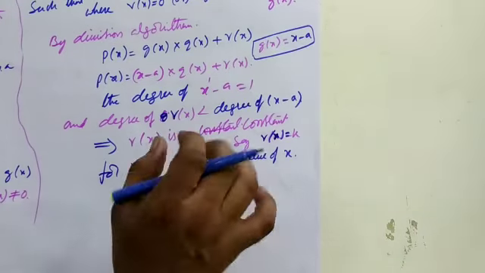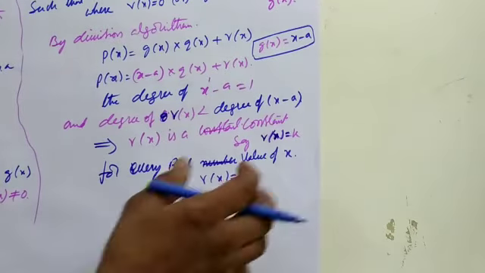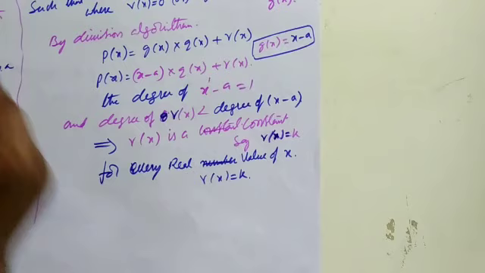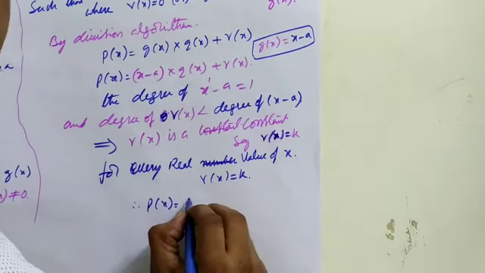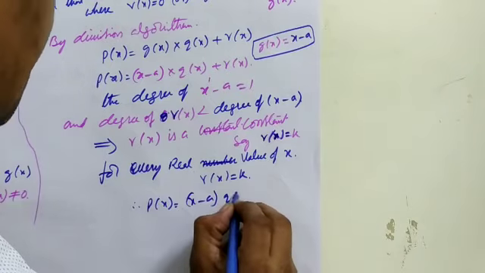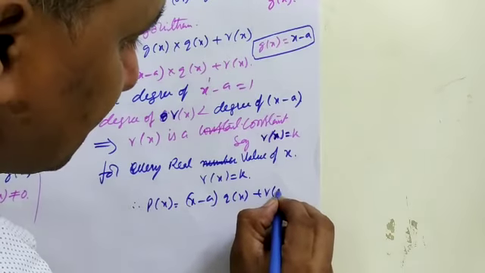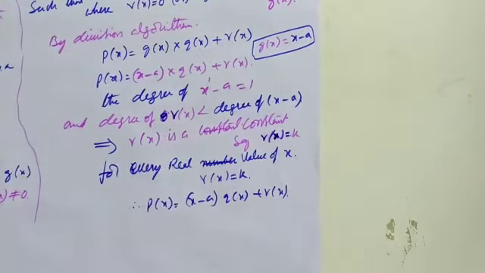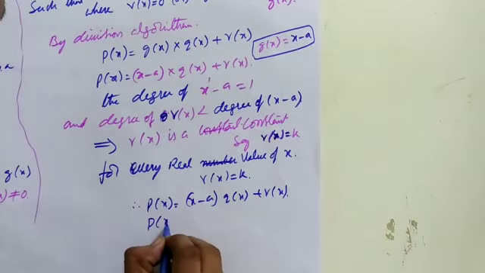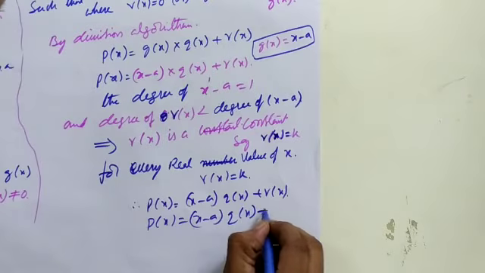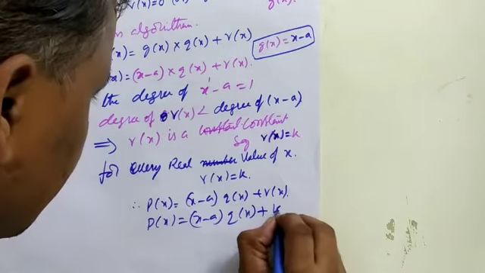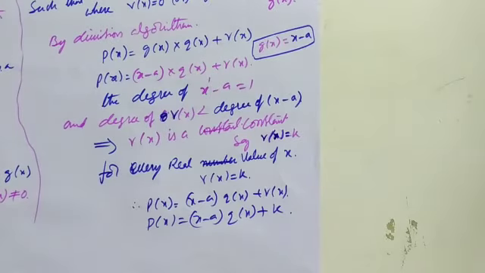The remainder is always constant. Since p of x is equal to x minus a into q of x plus r of x, that means p of x is equal to x minus a into q of x plus k.